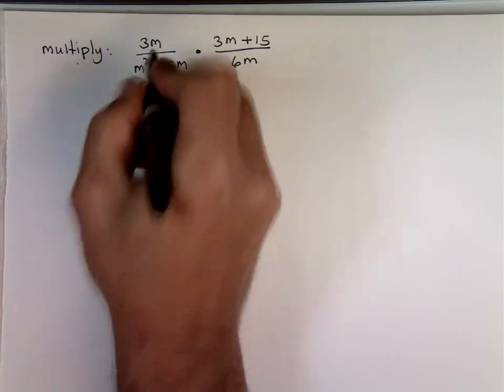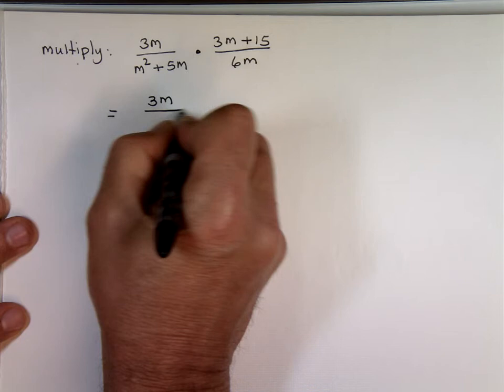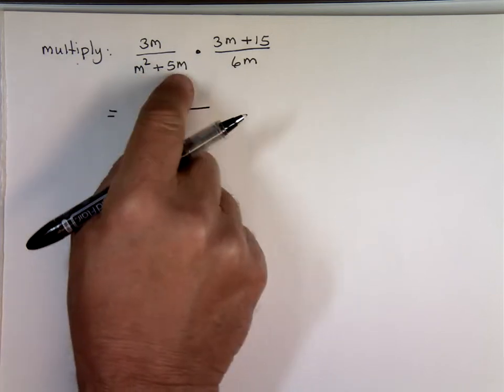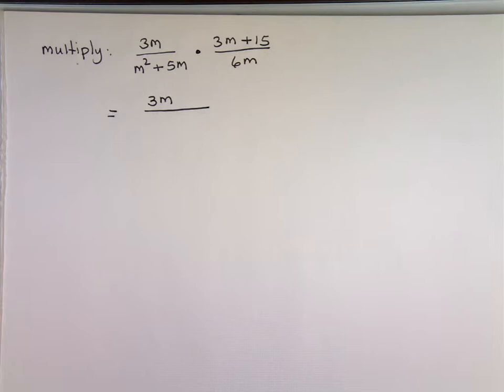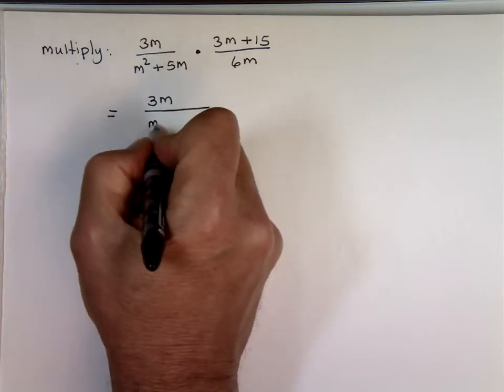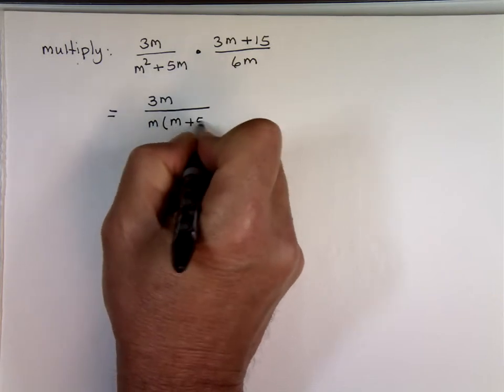So let's look at the 3m. You really can't do anything about it. M squared plus 5m. Can we factor anything out of that? We can factor an m out. If you take an m out, what's left? M plus 5.